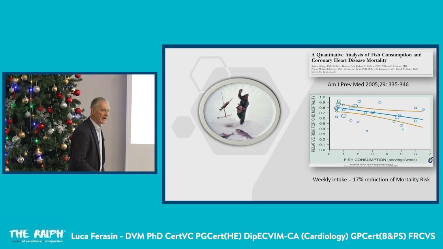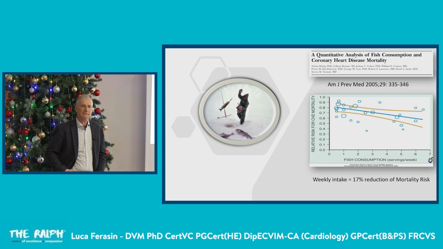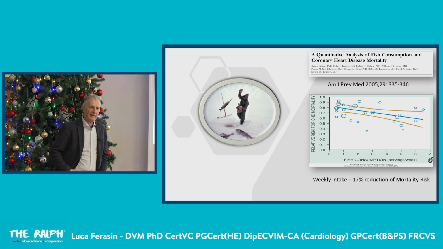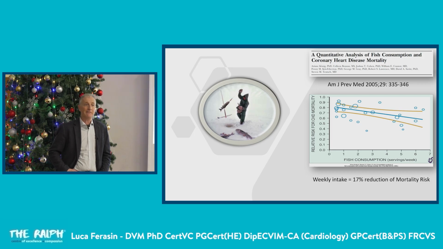Regardless, this is a very interesting story because in 1940, there was a Finnish study that compared the prevalence of coronary artery disease in the Eskimo people in Greenland. And they compared them to a similar population in Finland living under the same conditions.